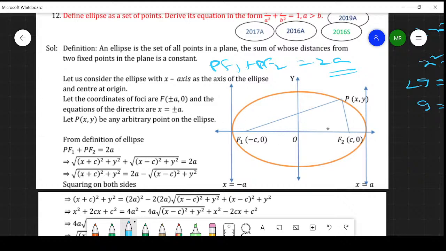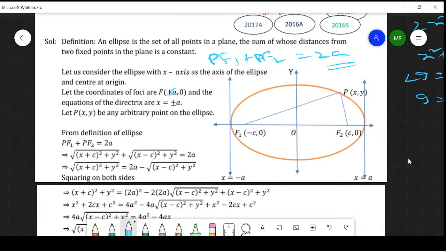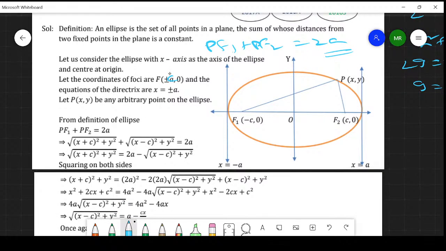Let the foci be c comma 0 and minus c comma 0. There is a printing mistake here: the coordinates of the foci are plus or minus c comma 0, that is, c comma 0 and minus c comma 0.